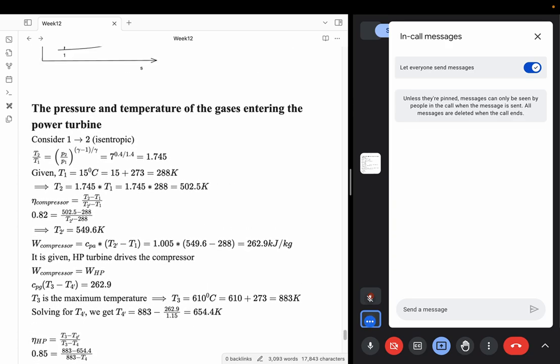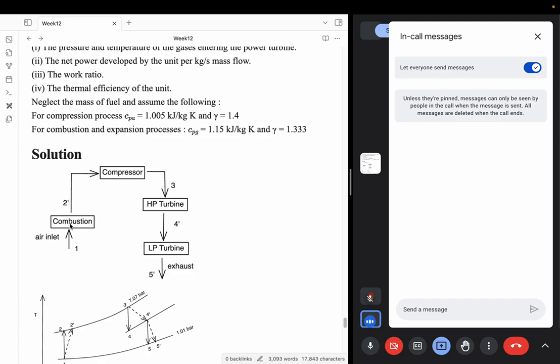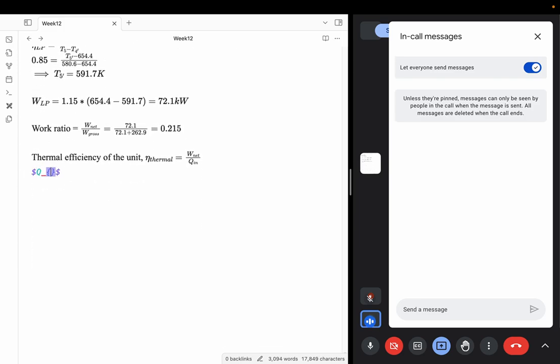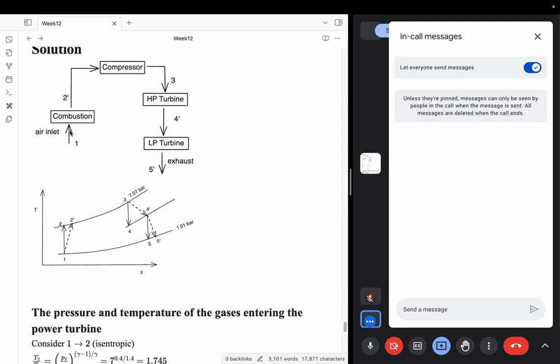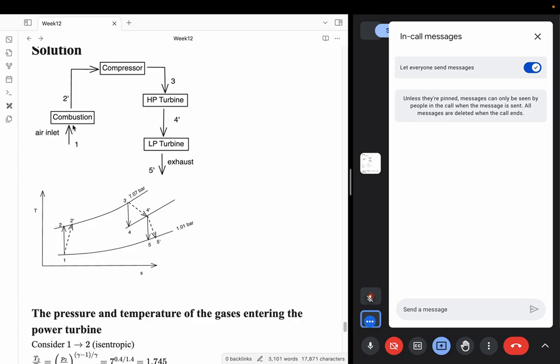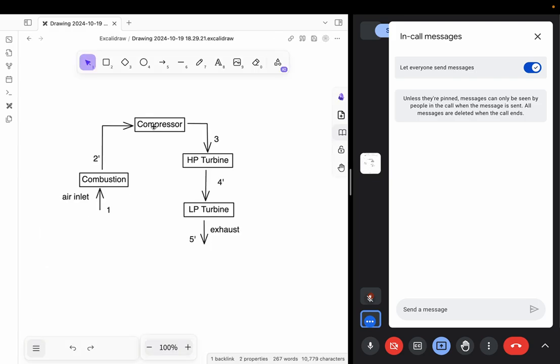Where are you supplying the heat? In the combustion chamber, this is where your heat is supplied. So Q in is the heat being taken by the air. So this should be Cp air times the change, T2 minus T1. Sorry, I think I messed up here.